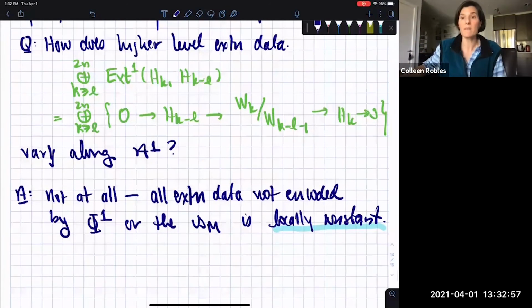But it will depend, up to constants of integration, on the level 1 extension data and the level 2 extension data that's encoded by these canonical sections.